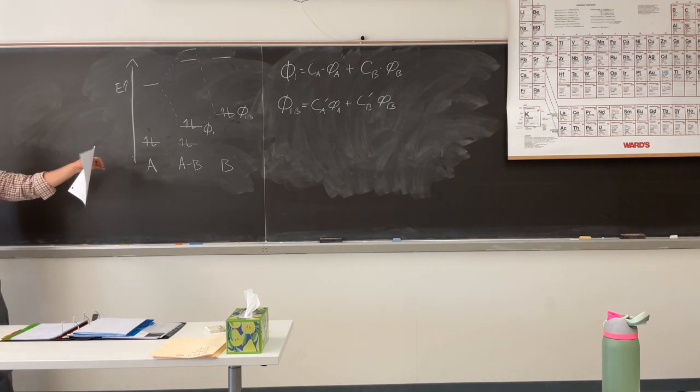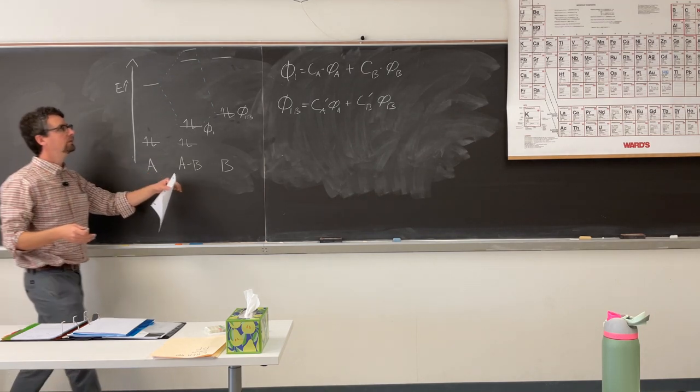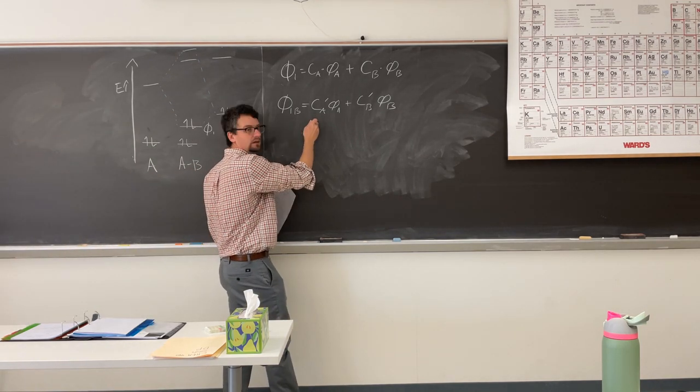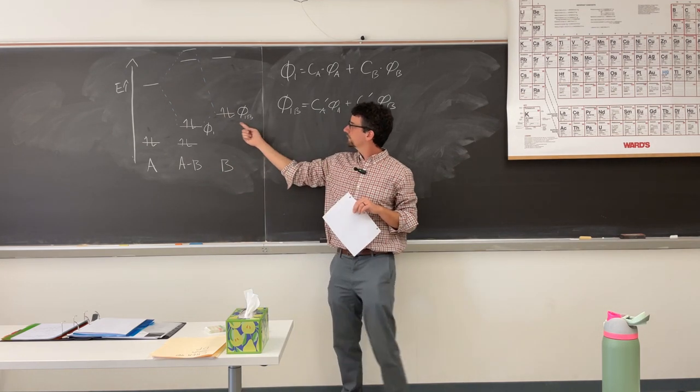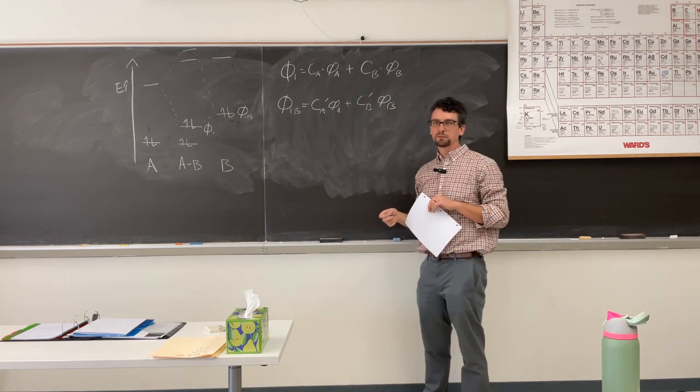Because what would that MO look like? What would the value of CA be for this MO?